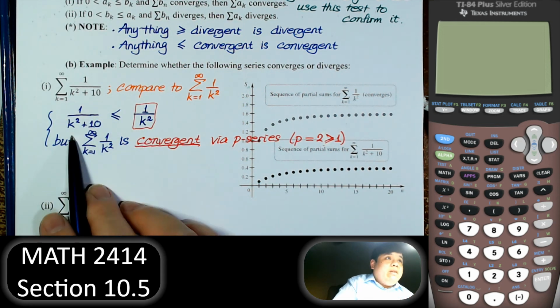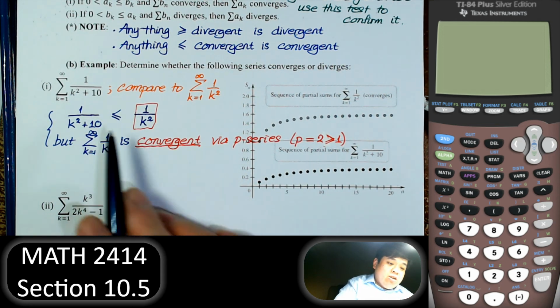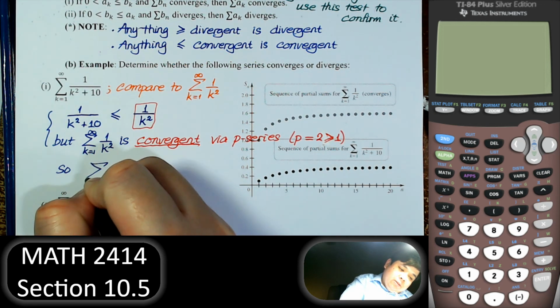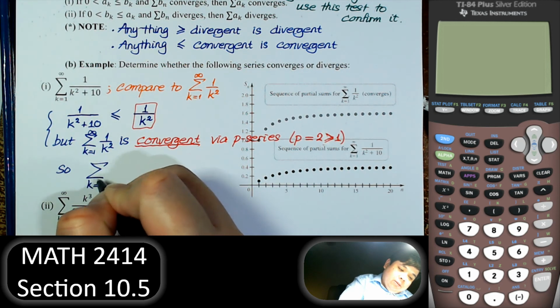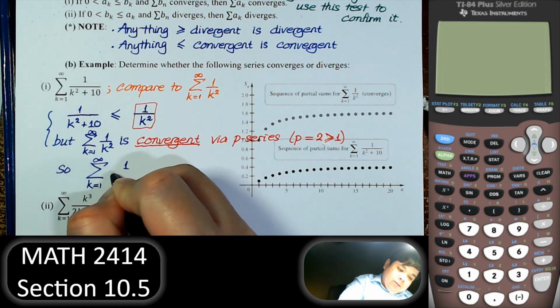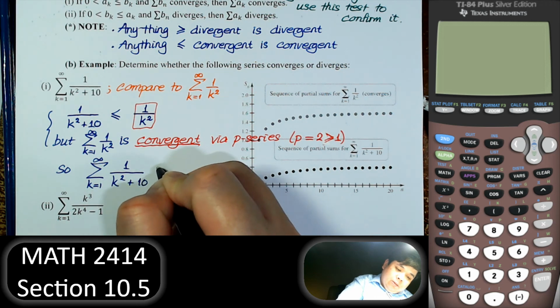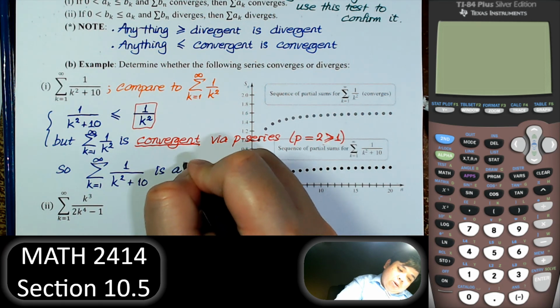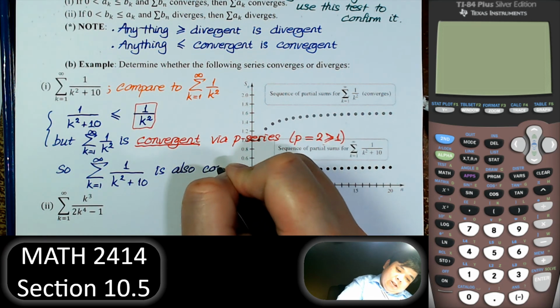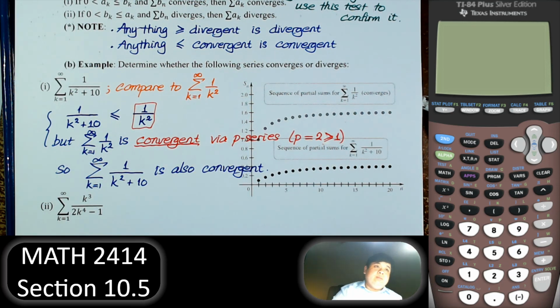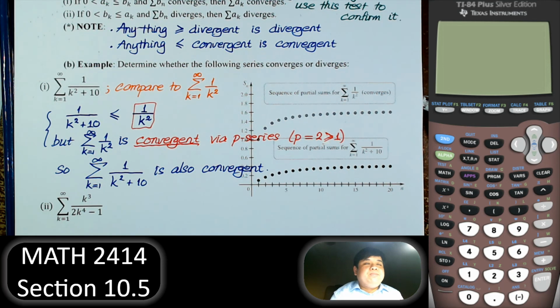So we have this relation: anything less than convergent is also convergent. So that's nice enough, right?